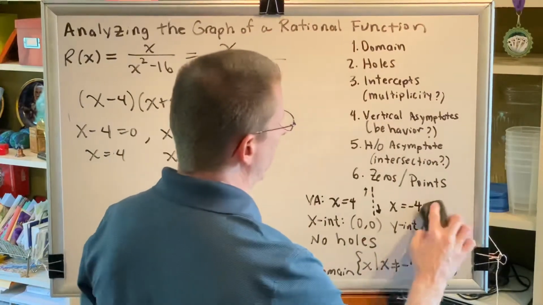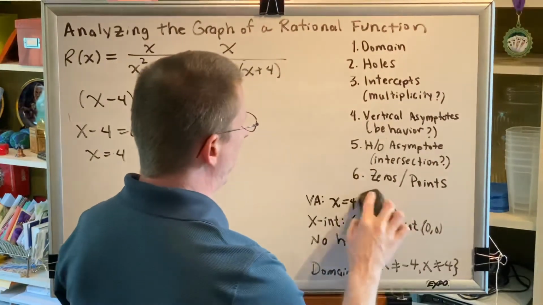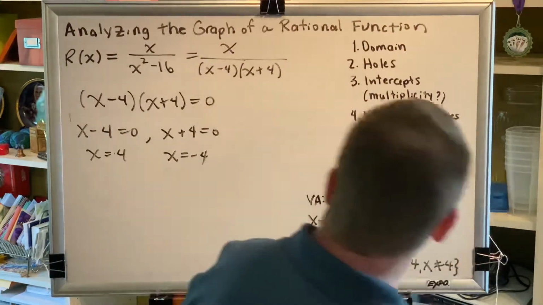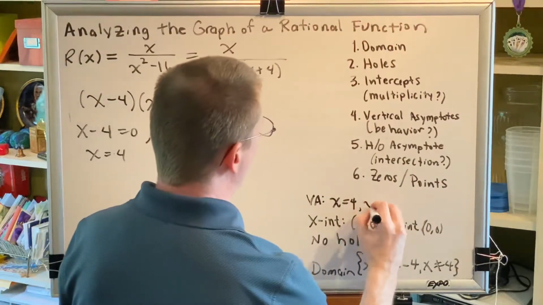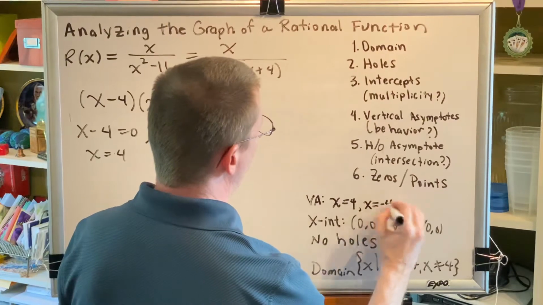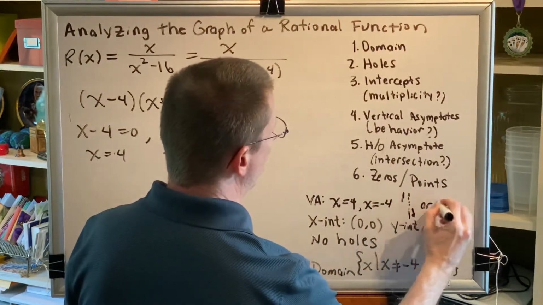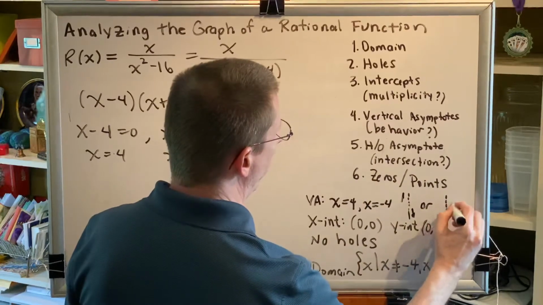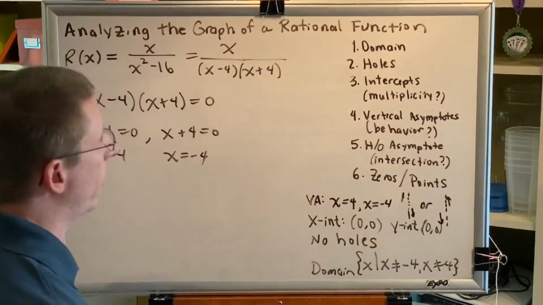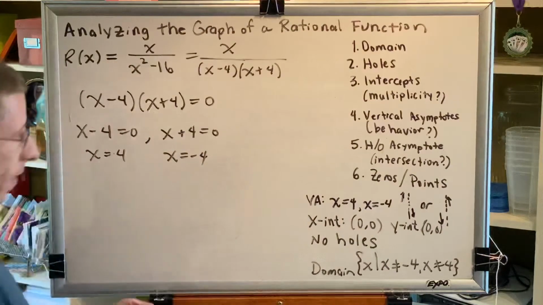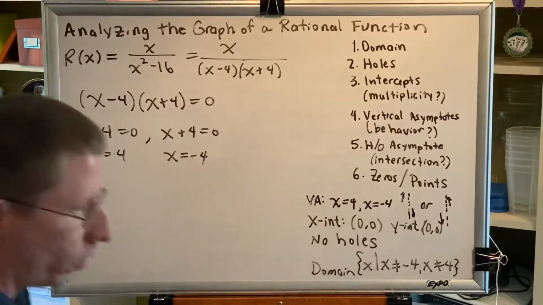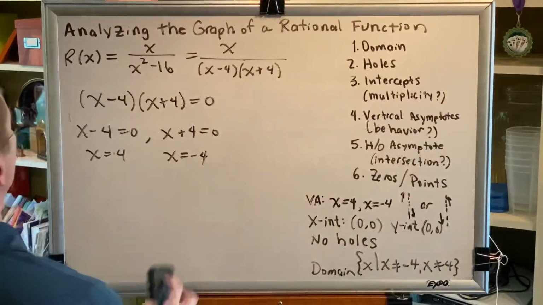I think that's a little unclear. It makes it look like the first one goes with the first one, and the second one goes with the second one. All right, the vertical asymptotes are x equals 4 and x equals negative 4, and each one could be either this situation or this situation, 1 up, 1 down.